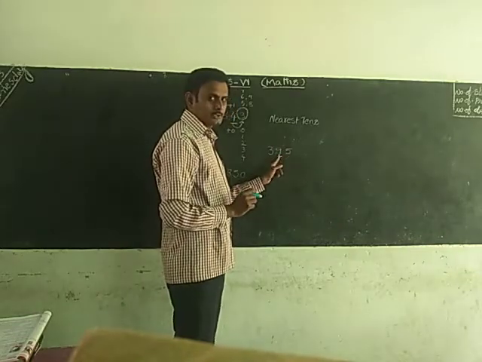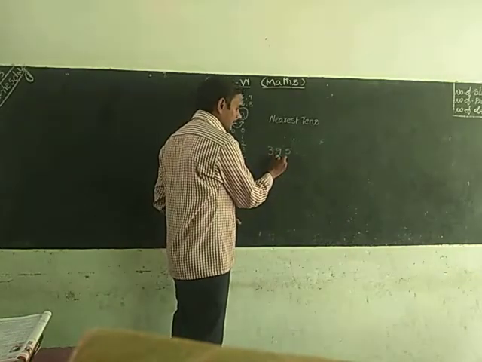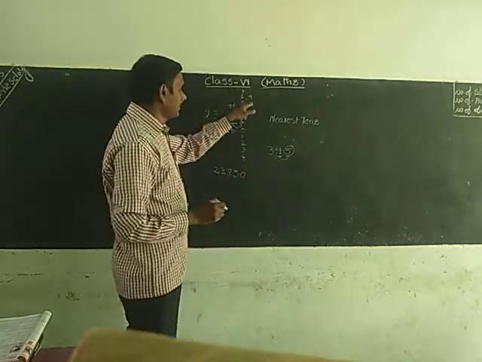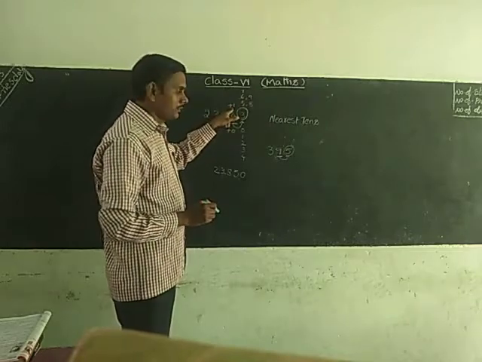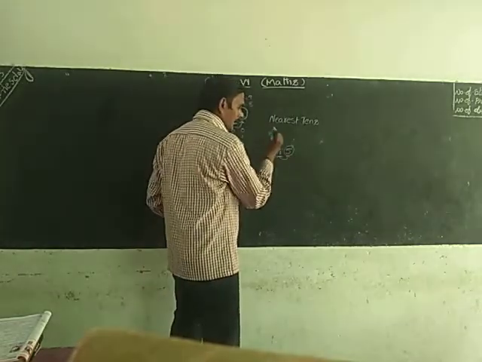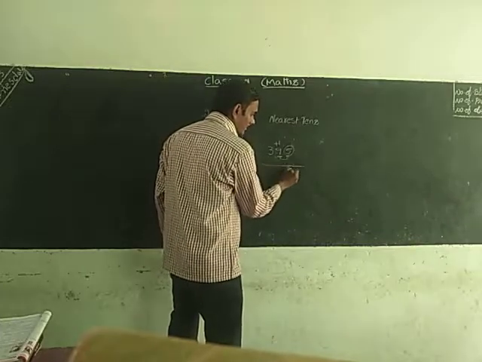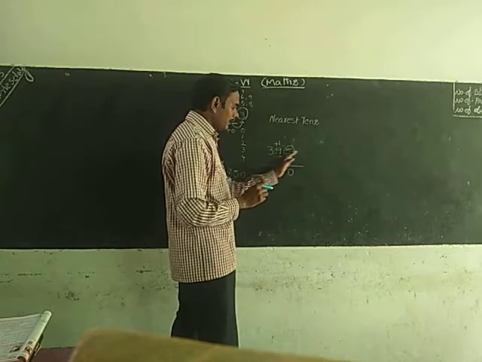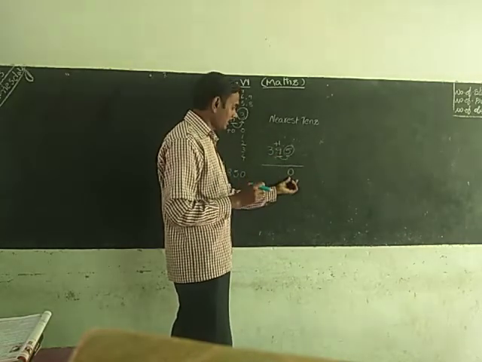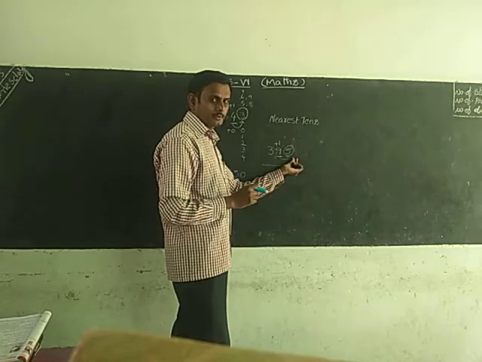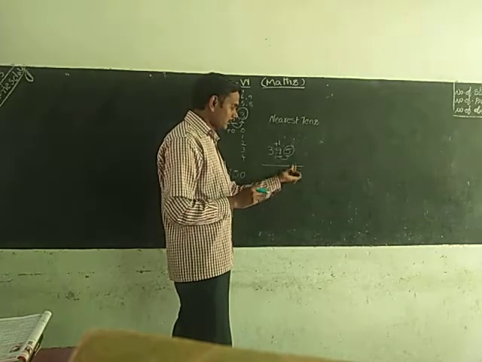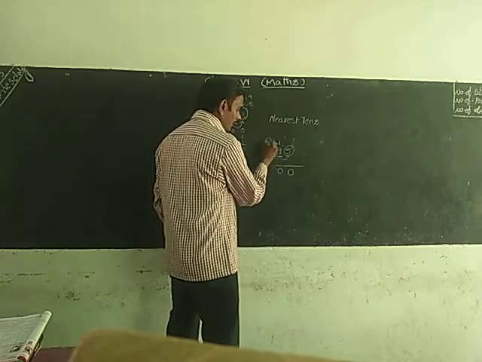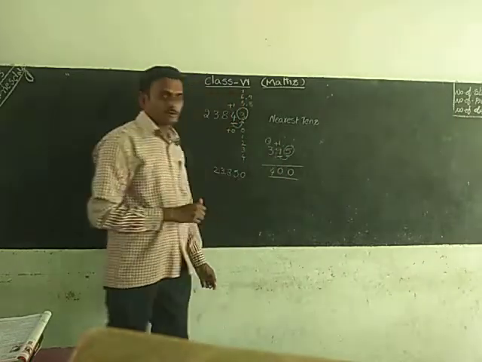Tens place underlined, the right side number is 5. 5 means it is in 5, 6, 7, 8, 9, so we have to add 1. In the circle place, you have to keep 0. Always, the number of digits after the underlined number, that many zeros you write. Here one digit is there after the underlined number, so we write a 0. 9 plus 1 is 10, 1 carry. 3 plus 1 is 4. Like this we can do the sums.